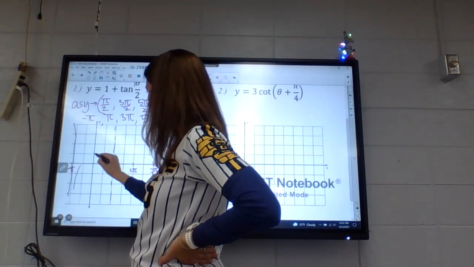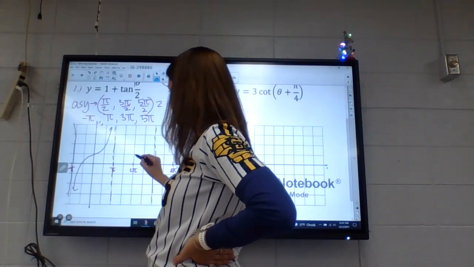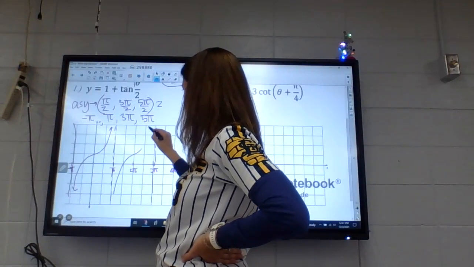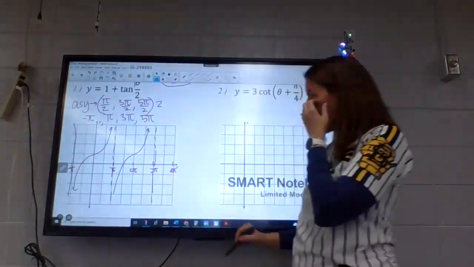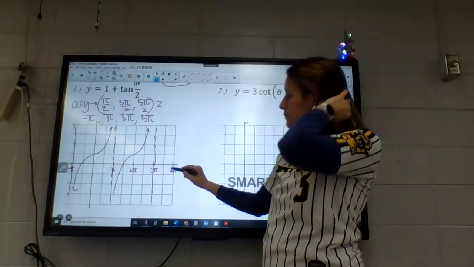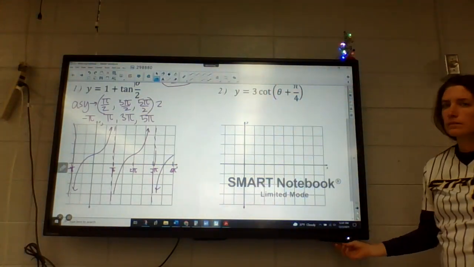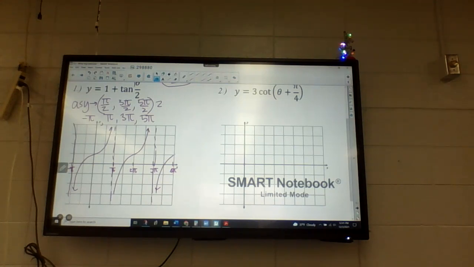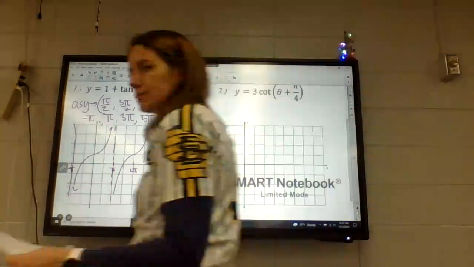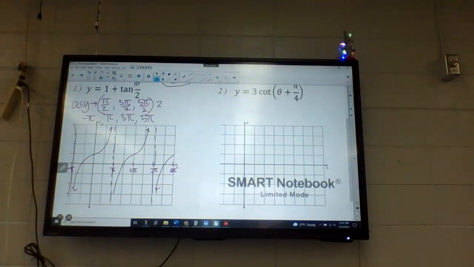So for cotangent, the first one is here. All right. So the period is where the next line is. I never actually thought of that. The period is where you're... I literally just do it on a tangent.